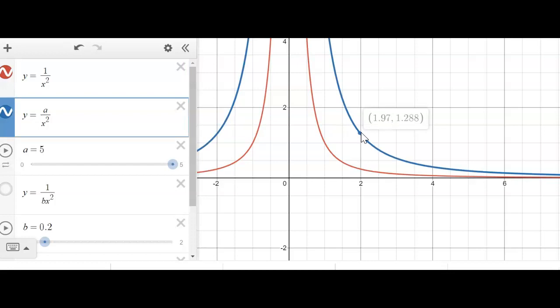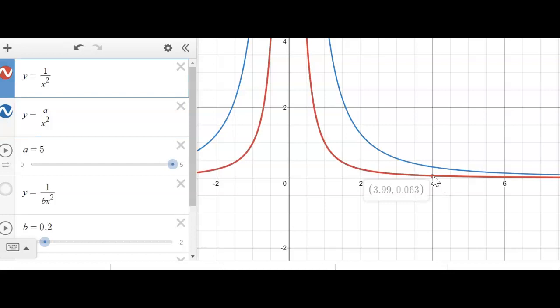Come back and let's go up a little bit. Hold on, let's try again. There we go. So you can see how you get 1.25, because 1/4 times 5 is 5/4 or 1.25. We can also see down here at 4, we've got a very small number, 0.063.